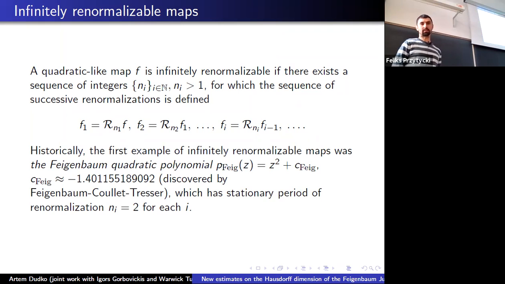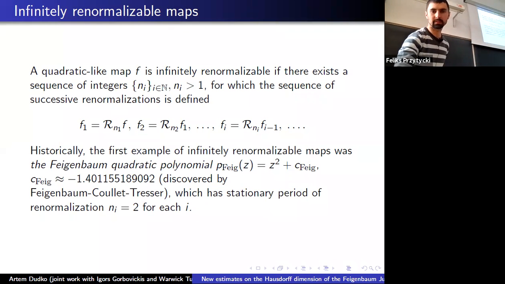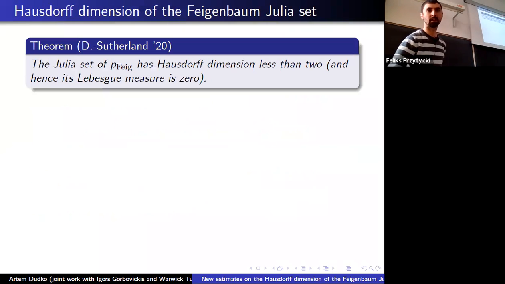As I mentioned, this Feigenbaum quadratic polynomial was the first example of infinitely renormalizable maps, discovered by Feigenbaum and collaborators in relation to various important phenomena, such as universality, and has stationary period of renormalization, n_i equal to 2 for each i. So this is just to briefly remind what the Feigenbaum polynomial is.